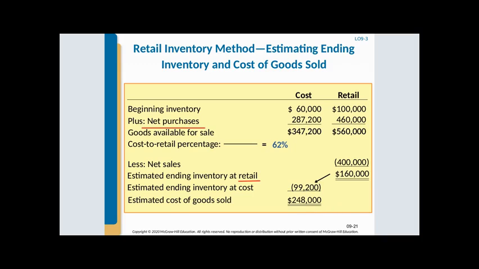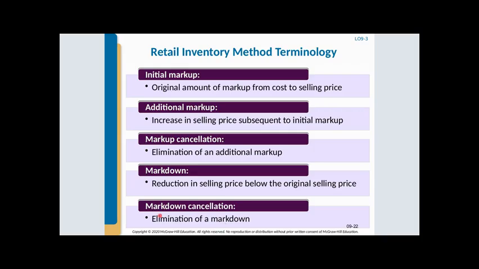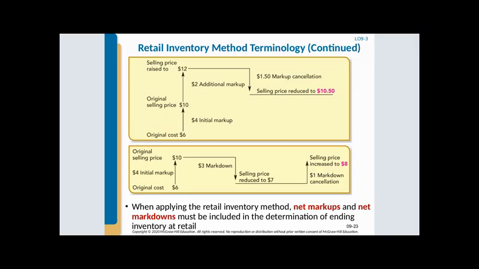Now, this method can be a little bit more complex if we start considering markdowns and markups. Let's say, for example, that I'm selling a t-shirt, and this t-shirt is selling so well that I decide to mark it up to $10, and then it keeps selling well, so I'm going to mark it up for Christmas to $12.